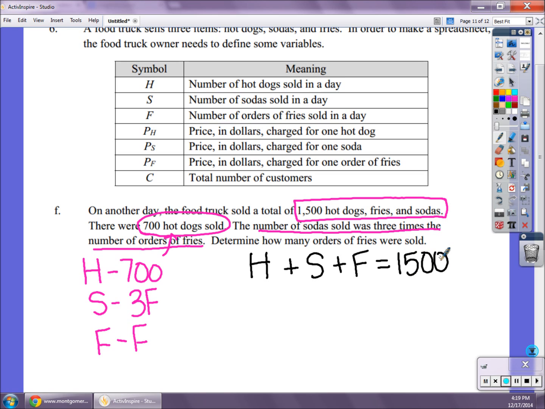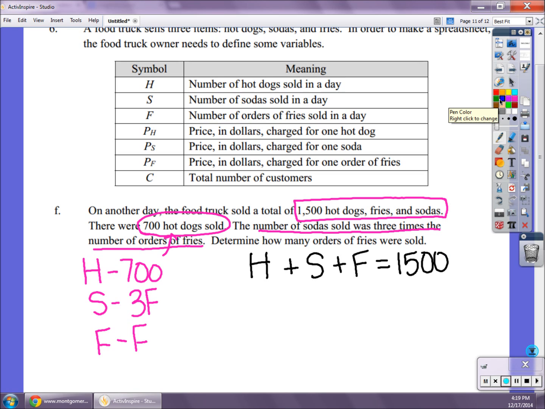The problem we have is there are too many variables. So we're going to go back to our list and replace as many of these variables as we can so that we end up with just one variable in our equation. And remember, the question was the number of fries sold. So let's see if we can get only F's in our equation.